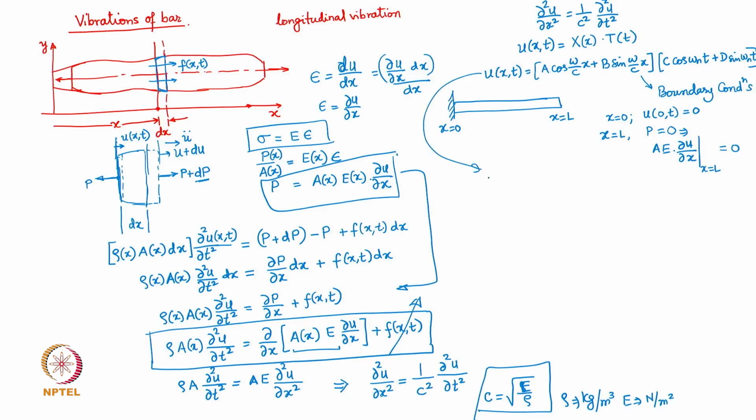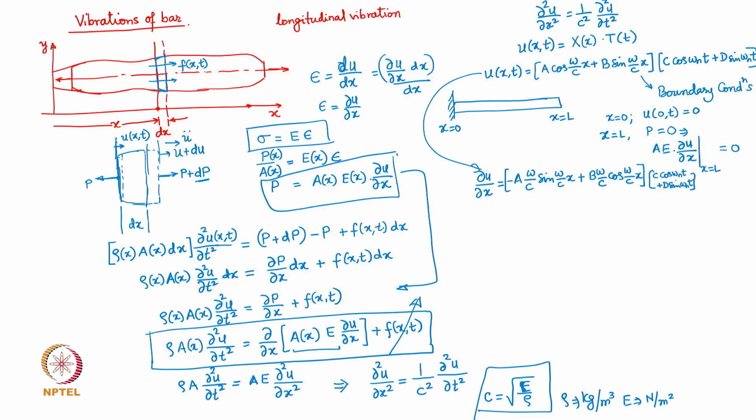Okay, so what can I do? I use this equation to get the expression for ∂u/∂x, which is equal to what? It is going to be −a (ω/c) sin(ωx/c) + b (ω/c) cos(ωx/c), and the harmonic time function which I am not writing here, which is going to be c cos ωn t + d sin ωn t.